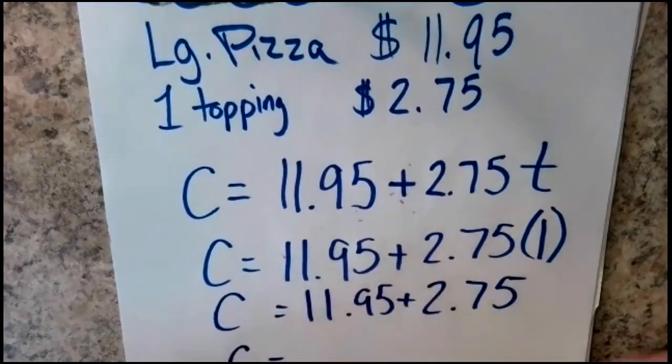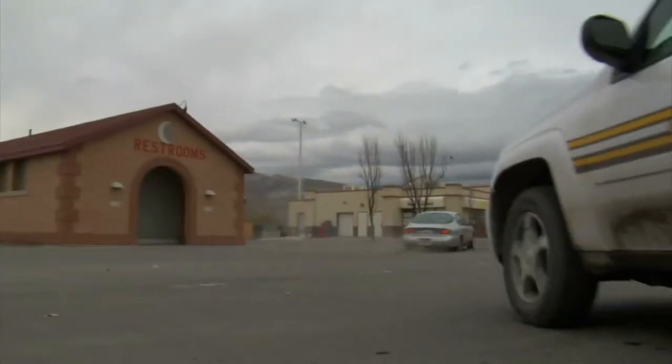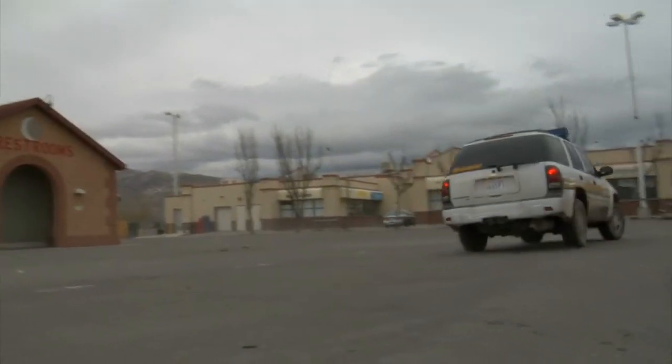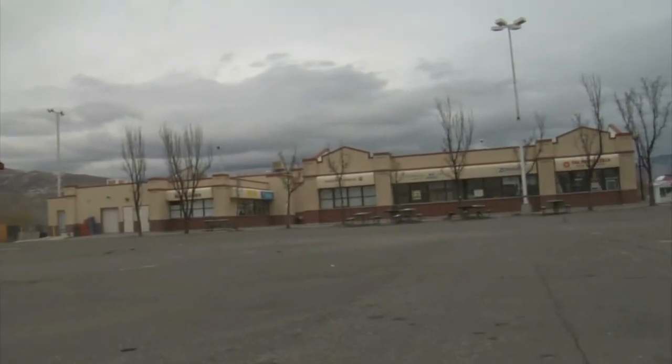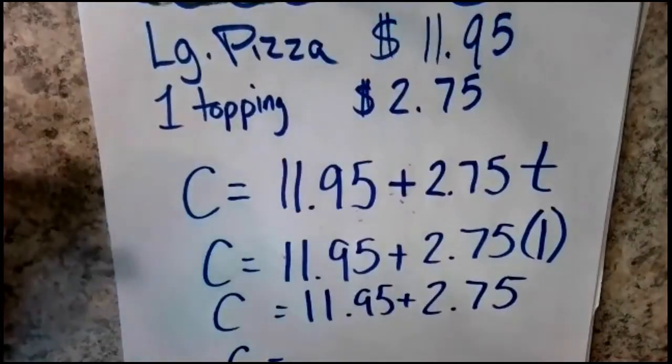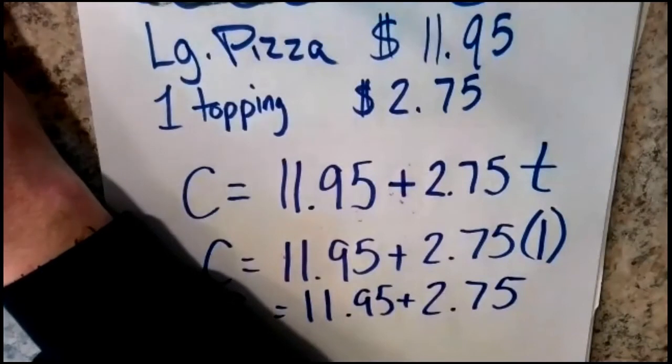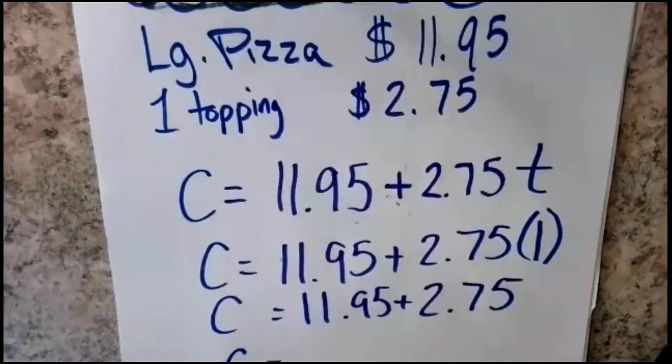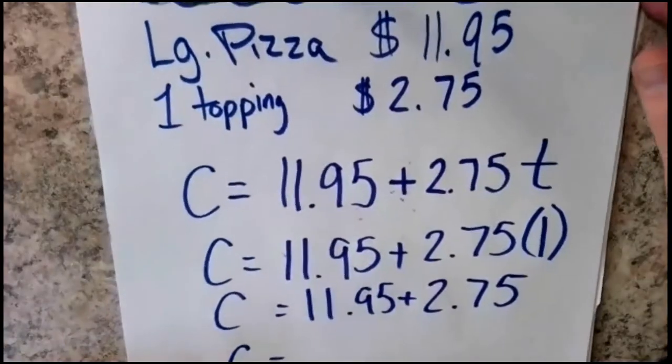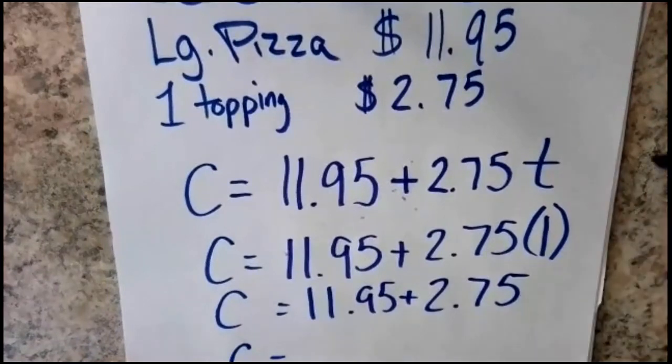So my total cost of this pizza is, well, let's do some mental math here, folks. So the total cost of my pizza is $11.95 plus $2.75. So let's add my 11 and my 2 together. That gives me 13.